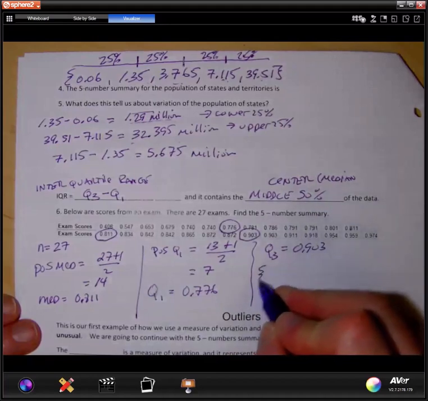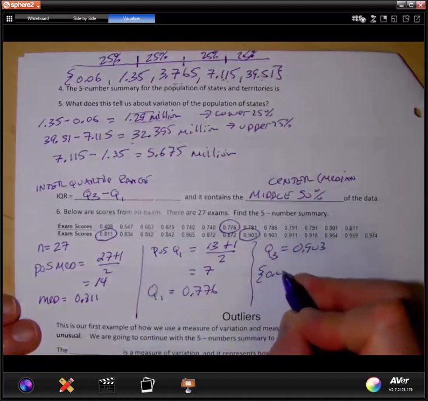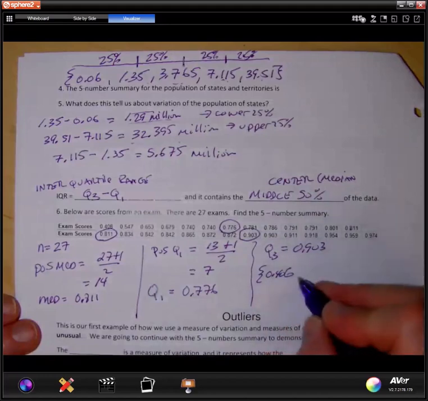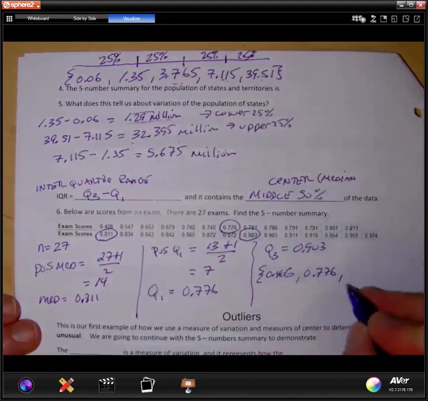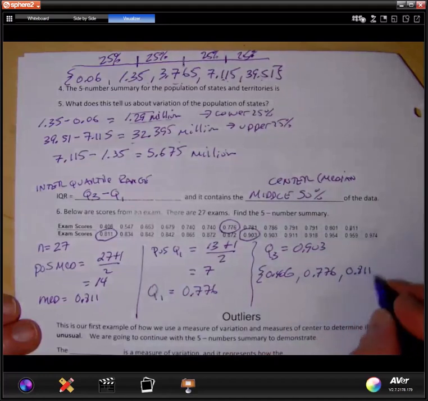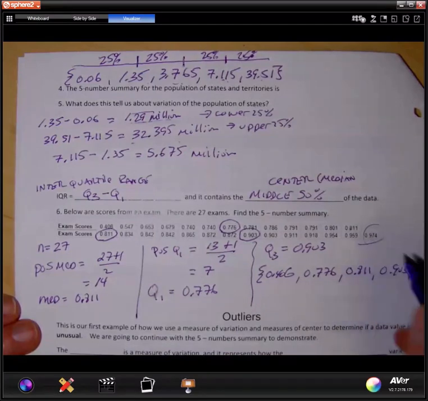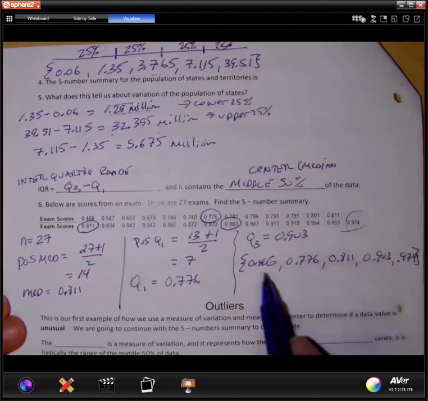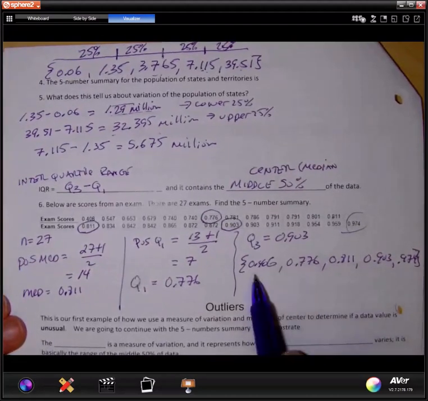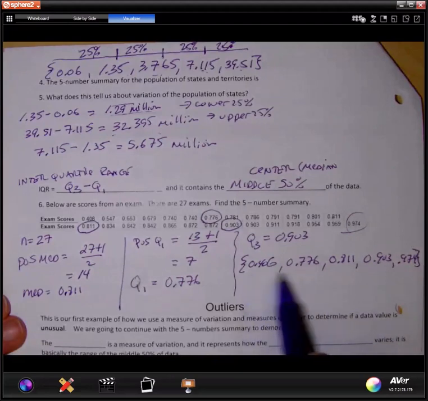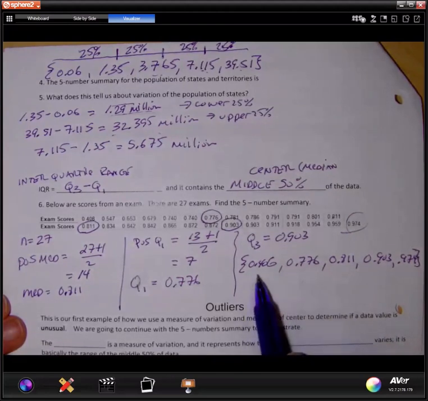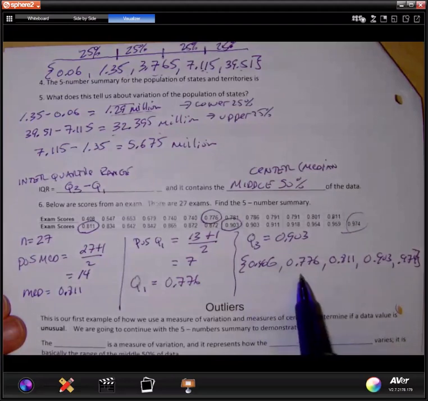So my 5-number summary is going to be 0.406, 0.776, 0.811, 0.903, and finally 0.974. And just like I did before, what we want to do is look at the differences. So I can see that there's a nearly 0.37 difference.